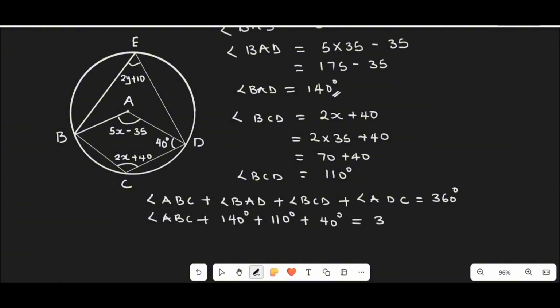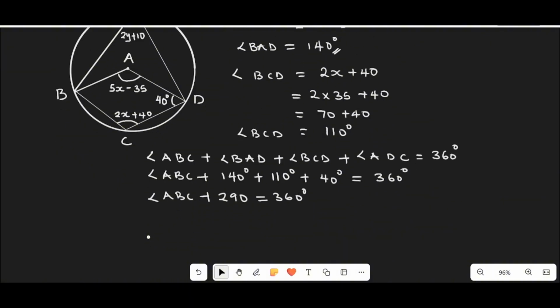equals 360 degrees. Angle ABC plus, so let us add these angles together. 290 equals 360 degrees. So let us transpose 290 to the right hand side. Angle ABC equals 360 degrees minus 290 degrees.